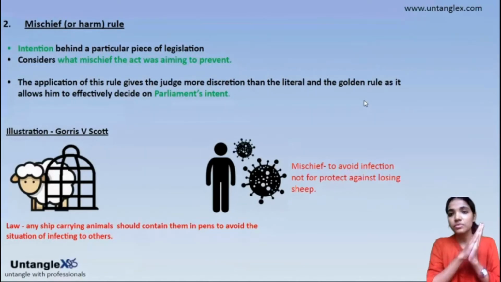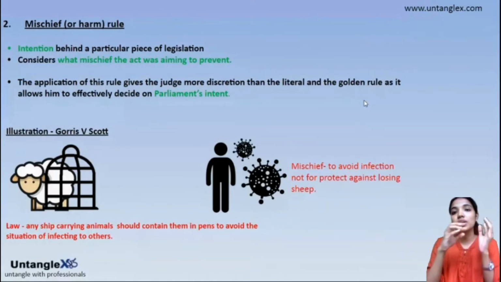So once a person took some sheep from one place to another in a ship but without pens, and what happened was that there were big waves, and these sheep were washed away in the waves. So the claimant is the one who goes and brings the case. Okay, the person, and he was the owner of the ship.